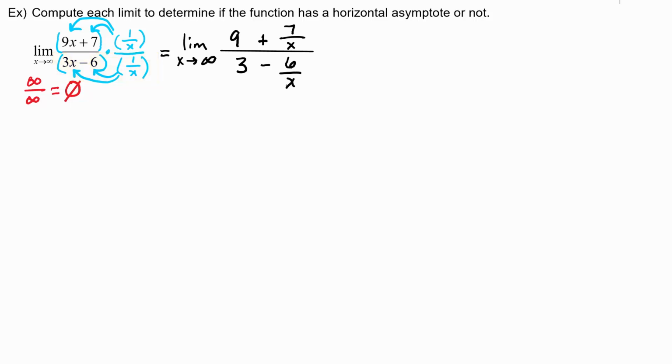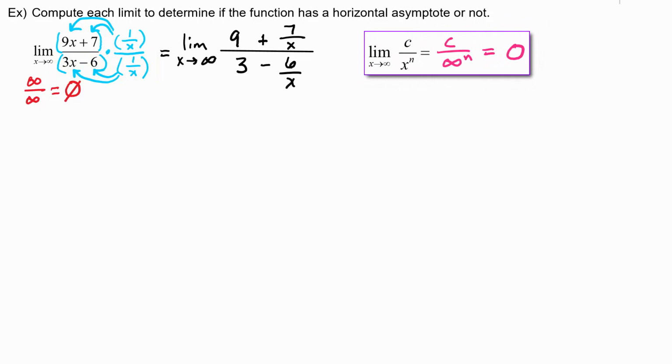Now, using the rule that we know about limits at infinity of having a constant over x, we know when we apply that limit that this is going to go to 0. And the limit as x goes to infinity of 6 over x will also go to 0.